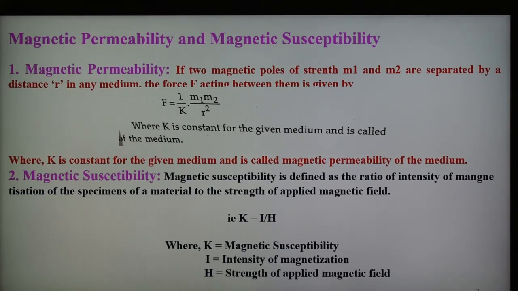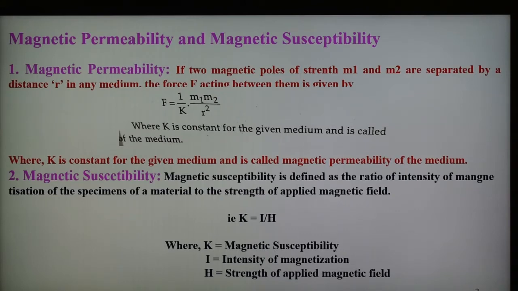The second important term is magnetic susceptibility, which is represented by the symbol K. It is defined as the ratio of the intensity of magnetization of the specimen of material to the strength of the applied magnetic field.